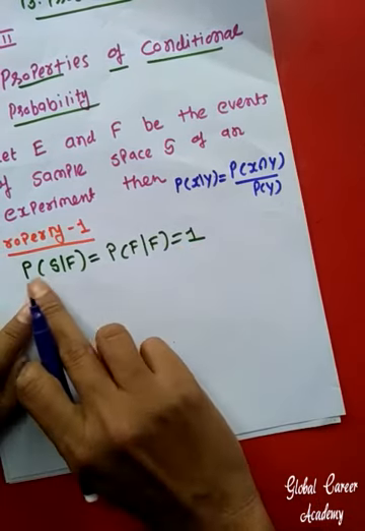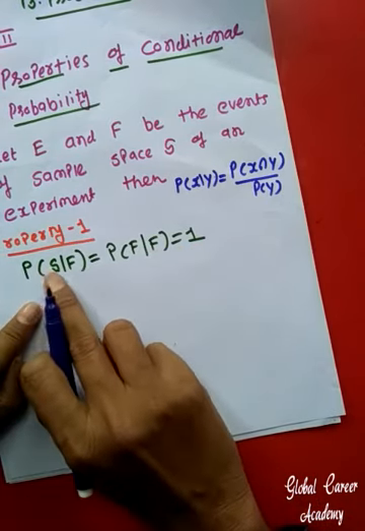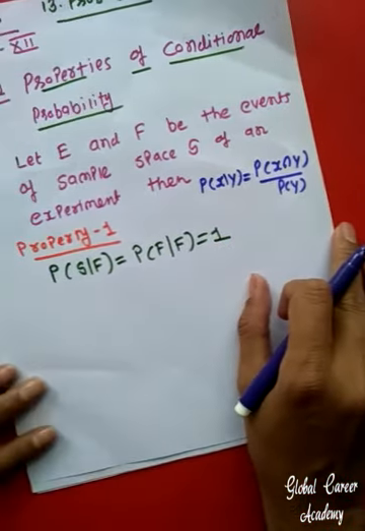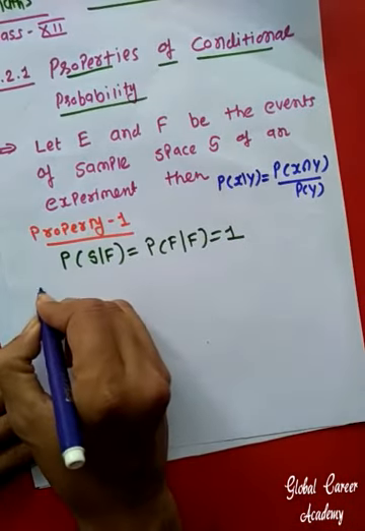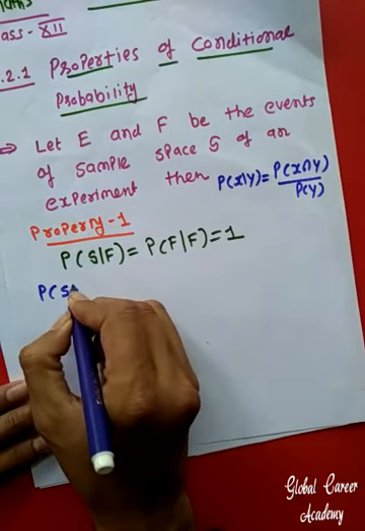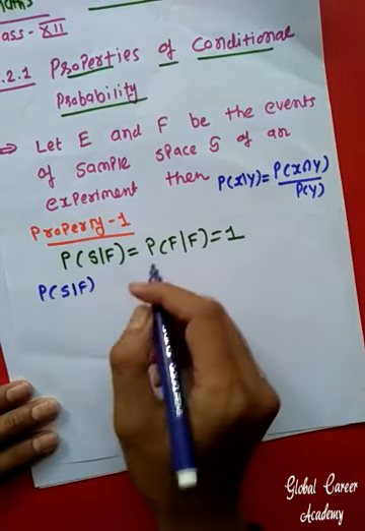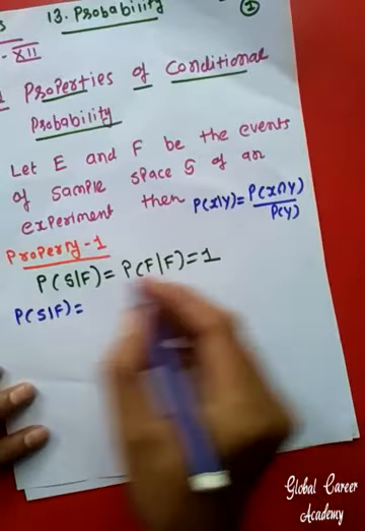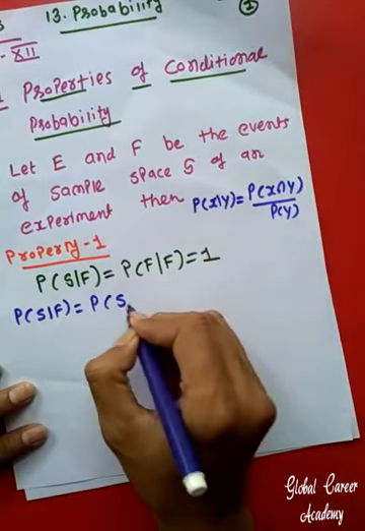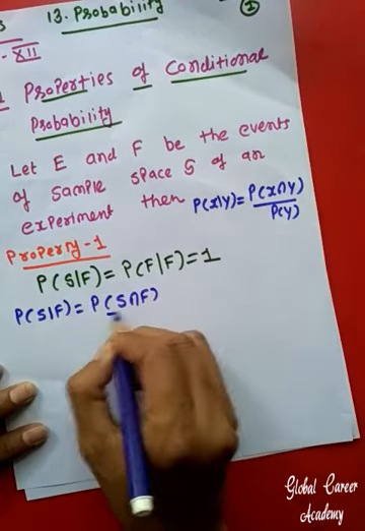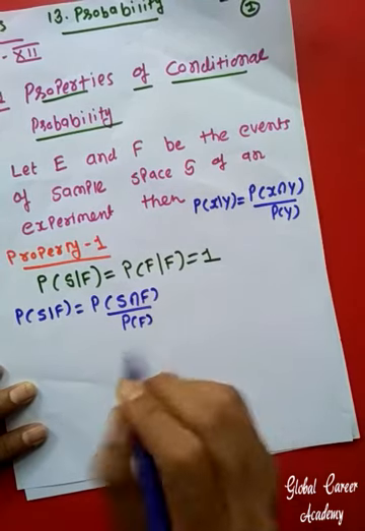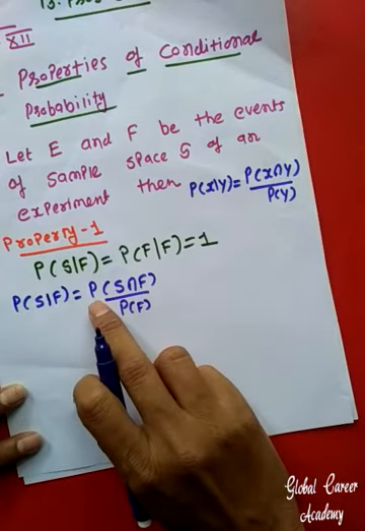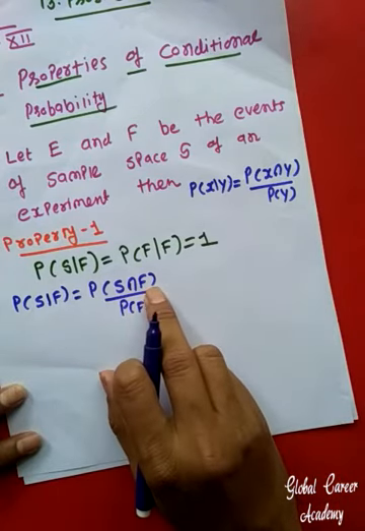So we will first talk only about this term. We'll prove that this is equal to 1. Okay, so what I should write is P of S given F. As per this equation I can write it like this: probability of S intersection F divided by P of F. Right, now what is probability of S intersection F?